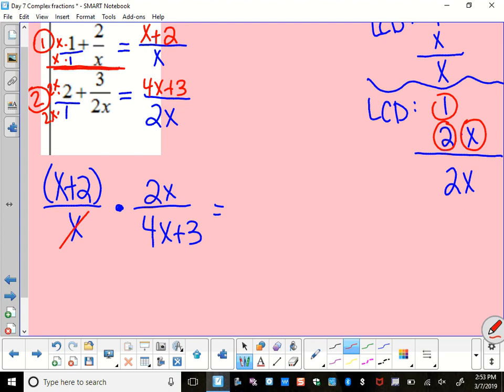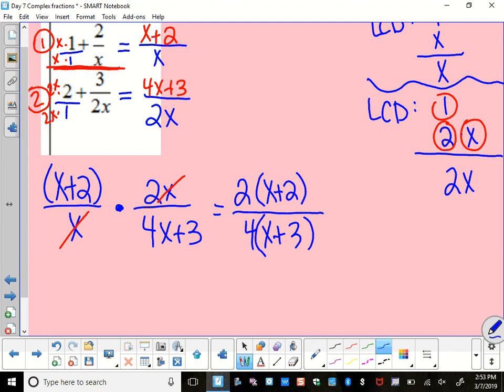All right, I see that I can cancel out my x because they're just being multiplied. That's really all I can cancel out. So I'm left with 2 times x plus 2 over 4x plus 3. Yes. That was your answer.